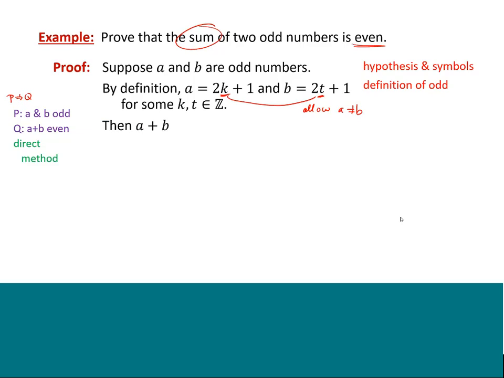So any guesses what we would do when we start looking at A plus B? What would we do at a next step? Don't overthink it. Remember, logical induction or logical inference, you're building a little bit each time. So what should we do with this A plus B? We want to rewrite it as something.